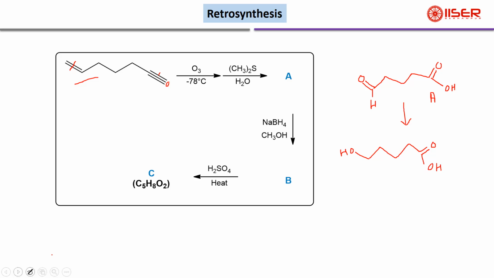Suppose it's for an alkene. If you have an alkene, we add ozone. I'm just drawing a simple one so that it is not complicated here. If we add ozone to this one, it forms this type of intermediate.